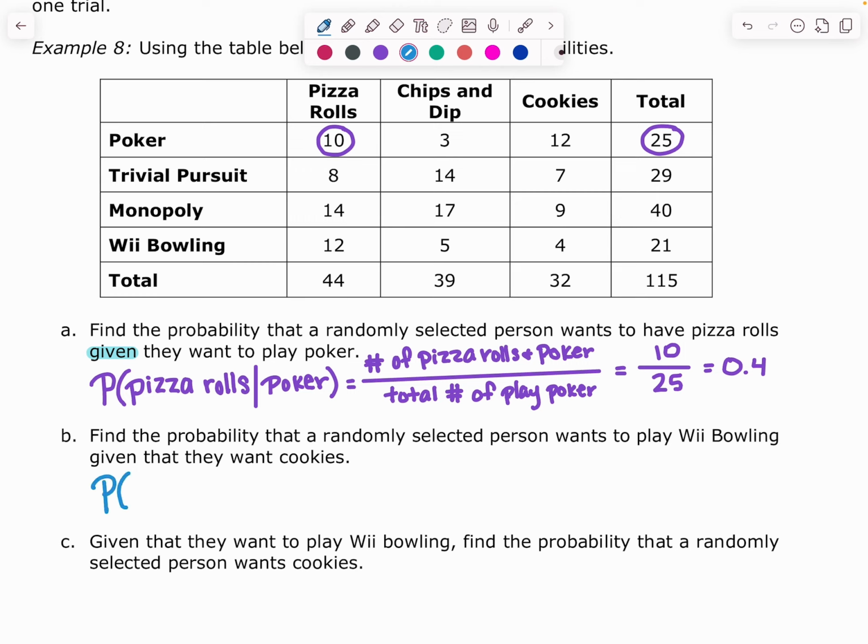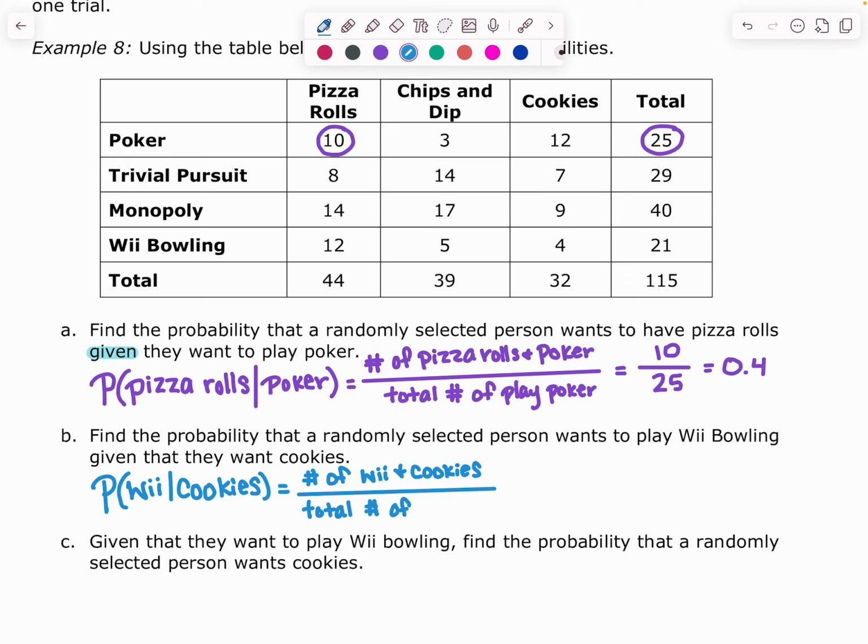We're looking for the probability of Wii Bowling given that they want cookies. Again, the top should be the number of people that wanted Wii and cookies. And then we're going to divide that by the total number of what we were given.